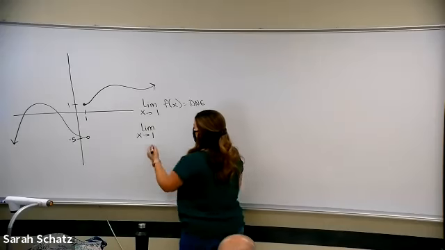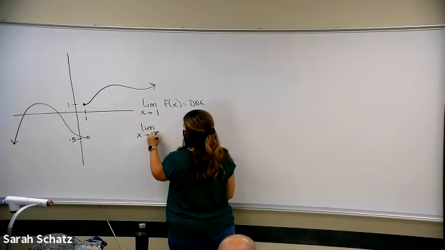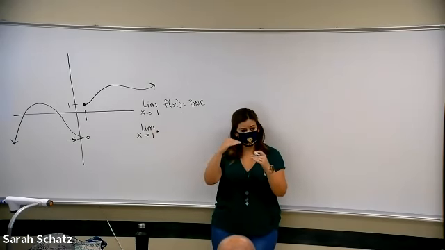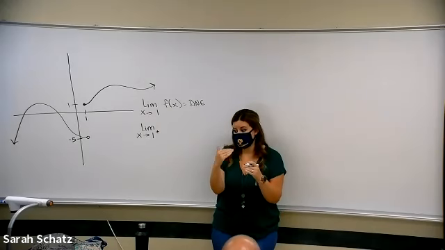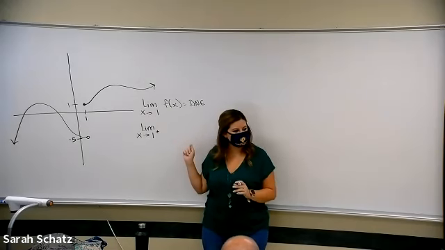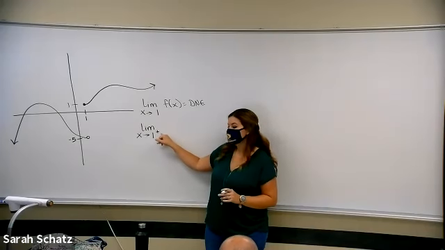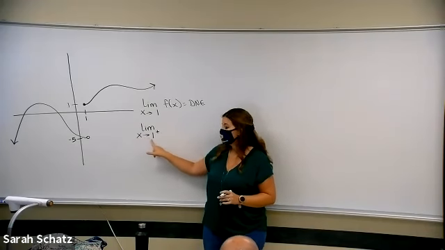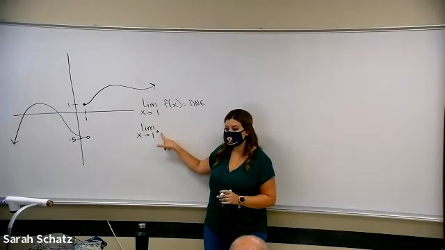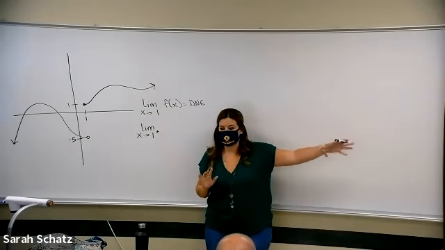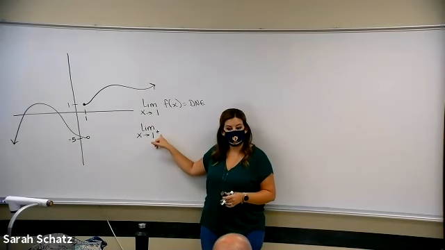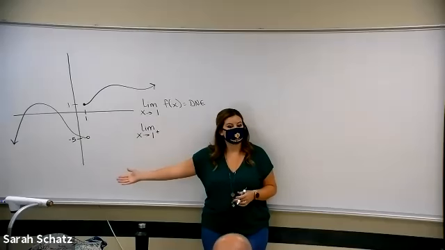I'm going to put a little plus up here in the corner by the 1. So it's a superscript. It looks kind of like a power. It is on the right side of the number. This plus indicates that I want to approach 1 from the right. Anytime you see the plus, it's from the right because right values are positive and larger. If it was a minus, which we'll look at, that means coming from the left.